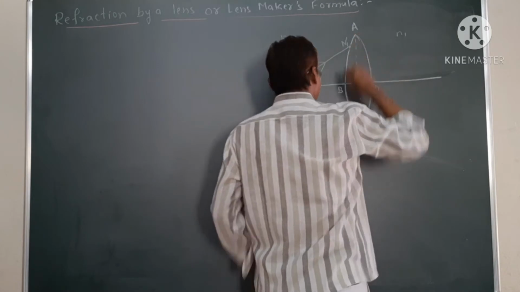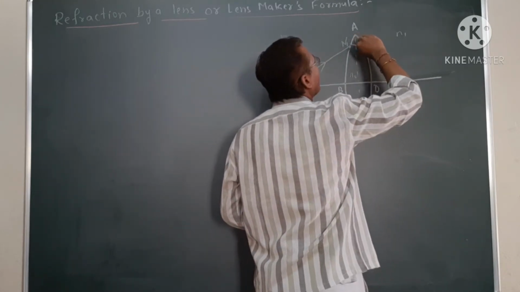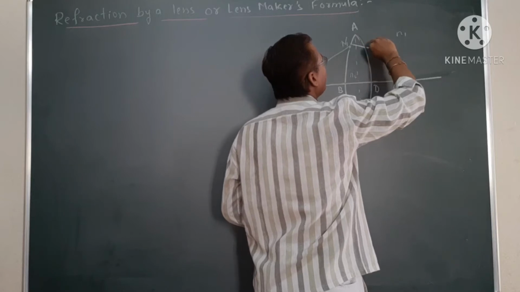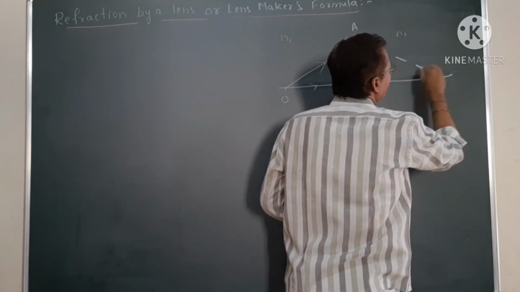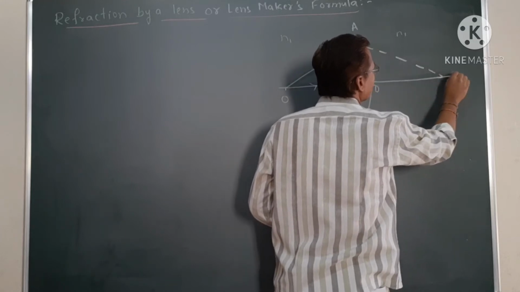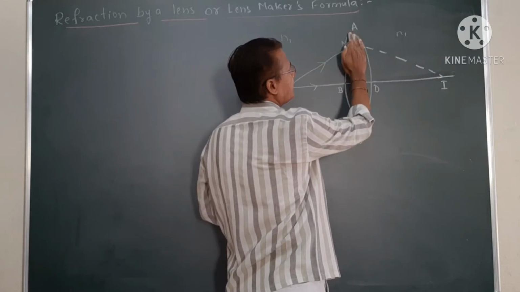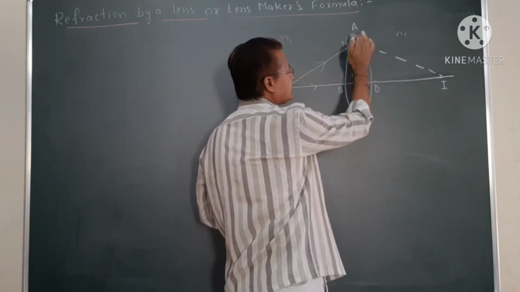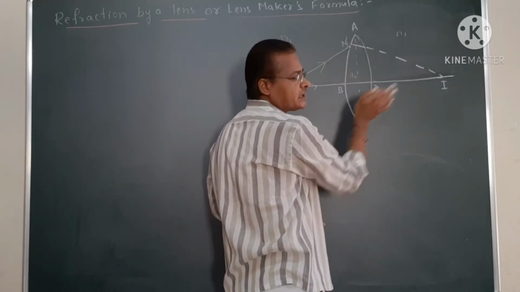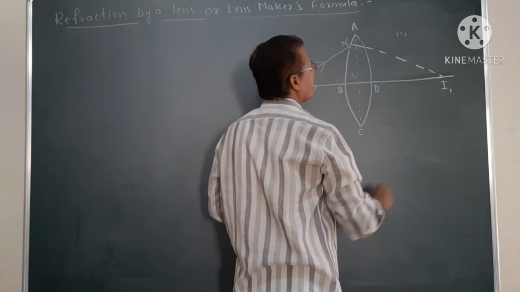The ray will move on as it is, and that we call a virtual object. For example, if ABC is absent and ADC is present, it will be virtual. If ABC is present and ADC is absent, then it is a real image. It will be formed at I1.